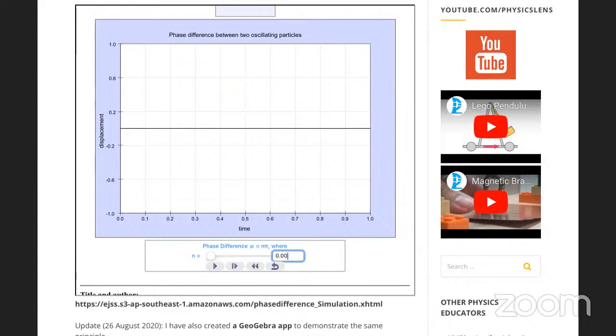So that's what the phase difference will look like. And this is what it will look like, 3 pi on 2.